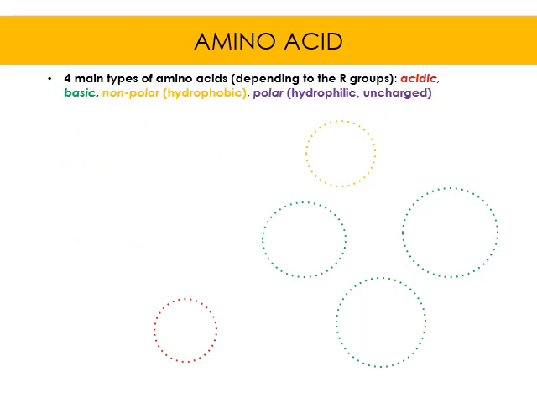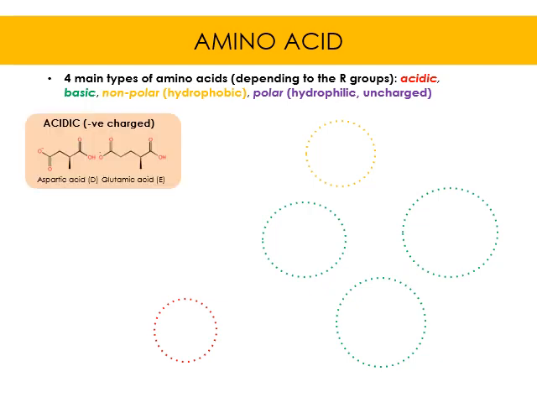We can actually further divide amino acids into 4 main types: acidic, basic, non-polar, which is hydrophobic, or polar, which is hydrophilic but uncharged. Two of these amino acids are acidic, which are aspartic acid and glutamic acid.